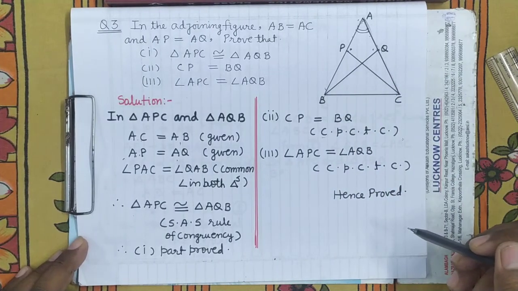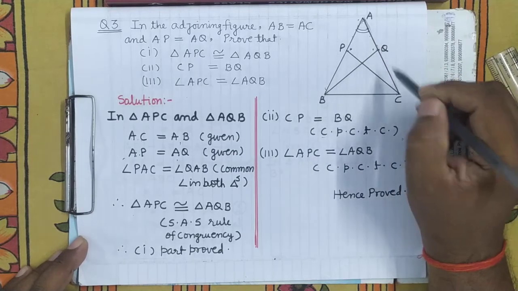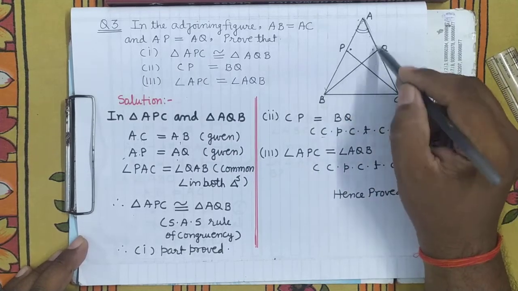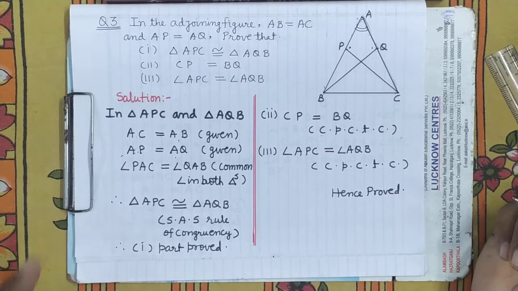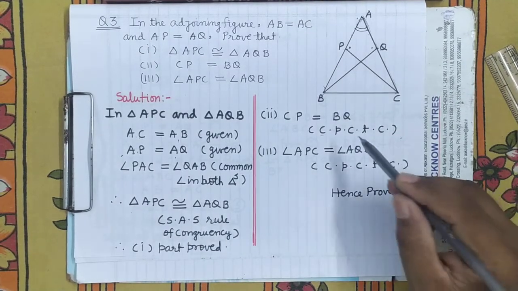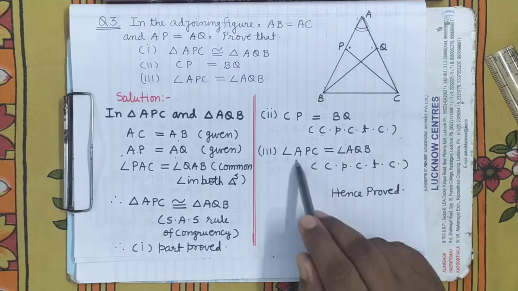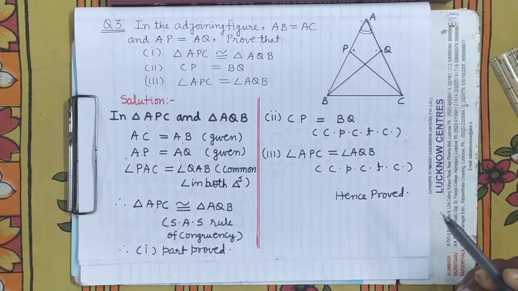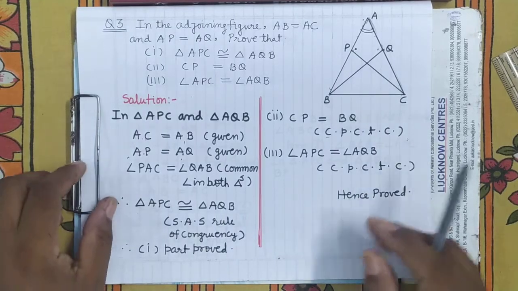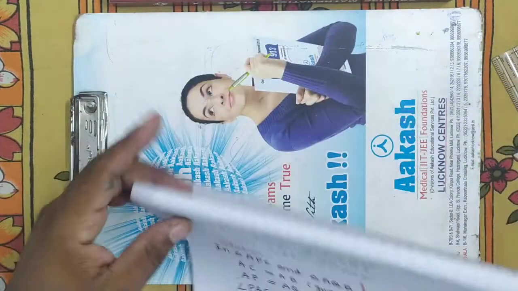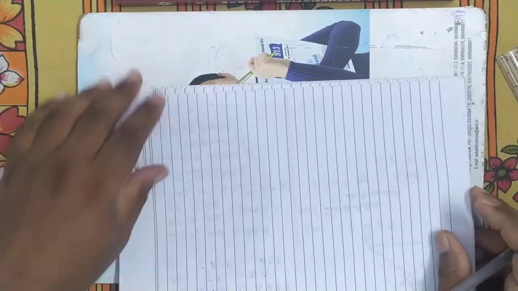Is it clear? So angle APC is equal to angle AQB by CPCTC. You have to verify the corresponding parts, whether they correspond or not. So this is question number 3. Now you can see question number 4.